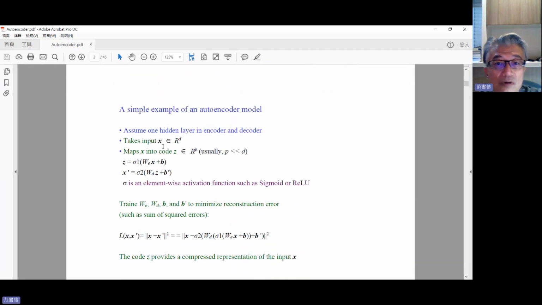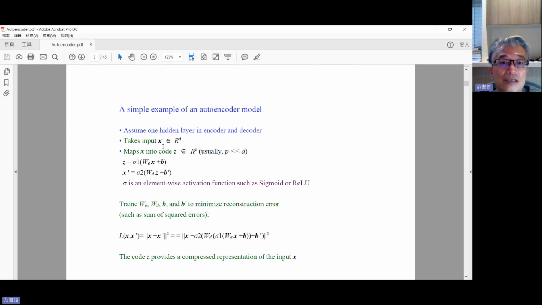A simple example of an autoencoder model. Assume one hidden layer and only one encoder and decoder.